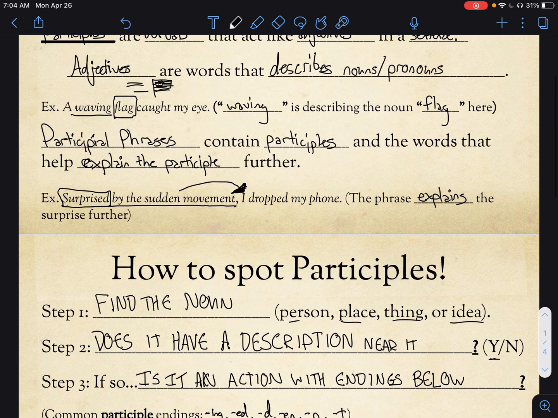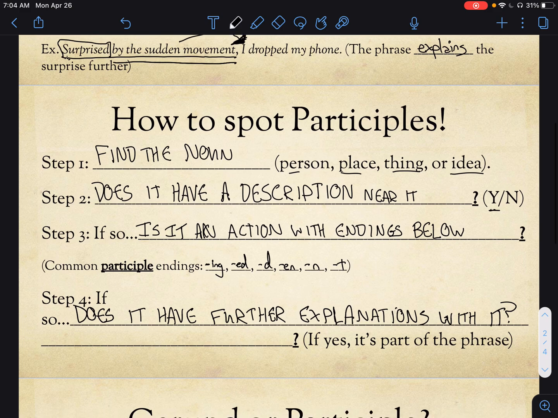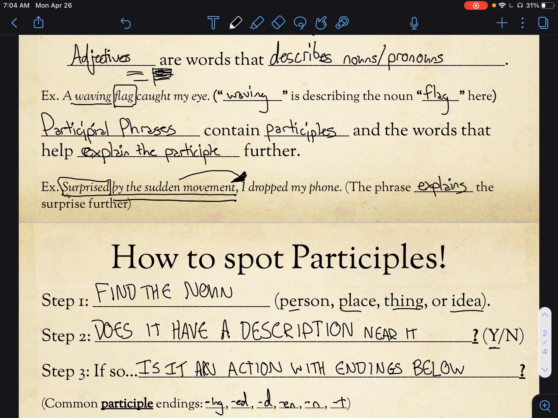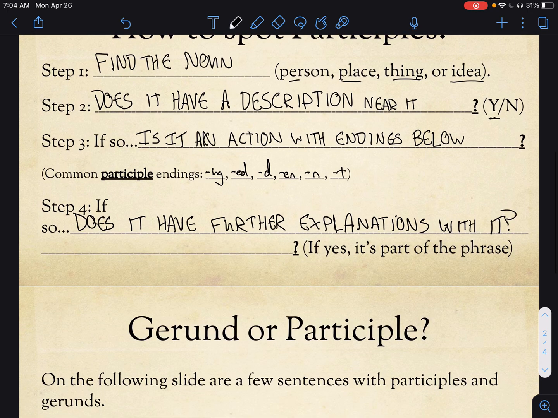Remember, back up here we saw, sure, we have the word surprised, but we're also describing why or how we're surprised when we say the words by the sudden movement, okay? So not only are we just being surprised, but we're giving a little bit more description right here. That's what I mean by step 4. And that's part of the phrase.